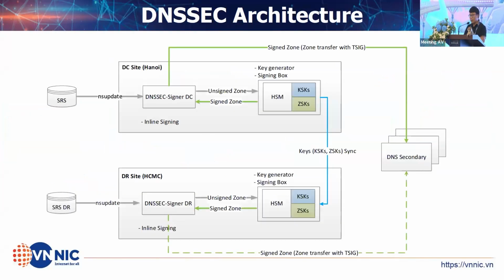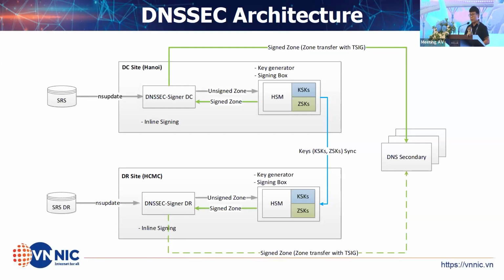And I will introduce the DNS architecture for .vn in Vietnam. In the DNS system, also the DNSSEC, we have two sites, the DC side and the DR side for the DNSSEC. In the DNSSEC, we have a DNSSEC box.